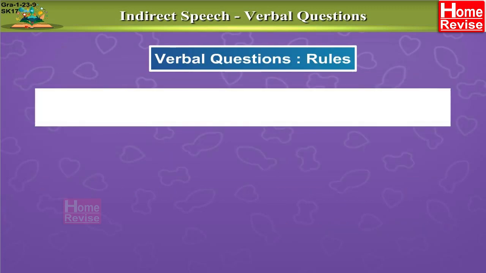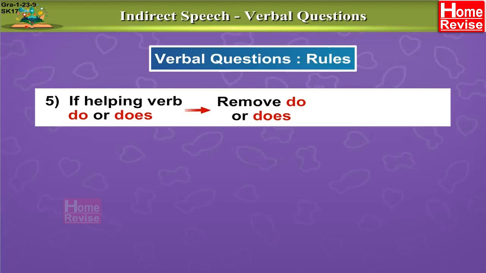If in case the helping verb used is do or does, then what is to be done? Remember children, remove these helping verbs do or does and change the verb into simple past tense because the given question is in the simple present tense.